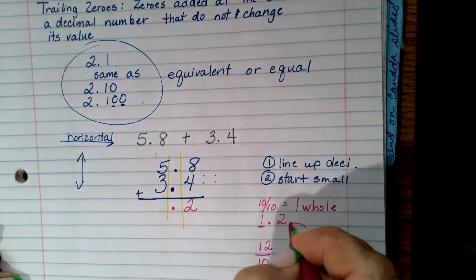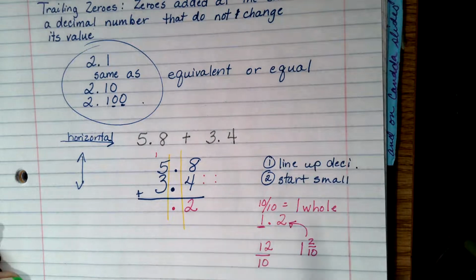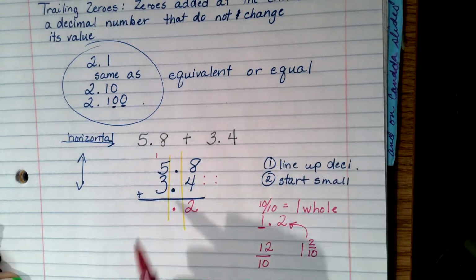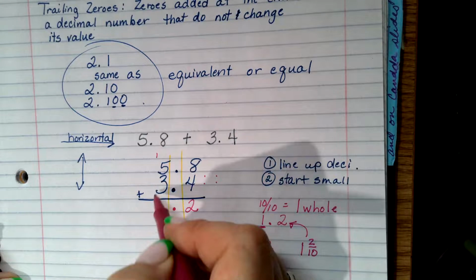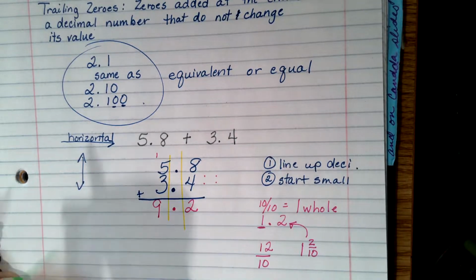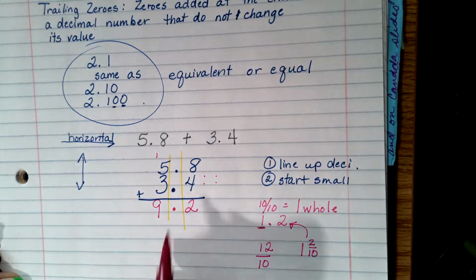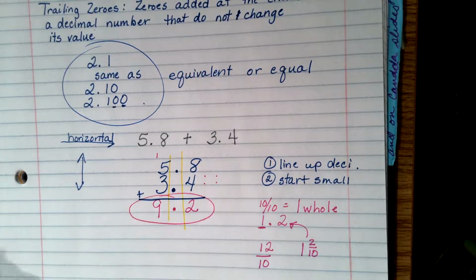That's our decimal right there, 1 2/10. So we put our 2 in the tenths place, carried our 1, and we have 5, 6. 6 plus 3 is 9. We don't have to carry anything over into the next place value. 9 and 2/10 would be our answer to that problem.